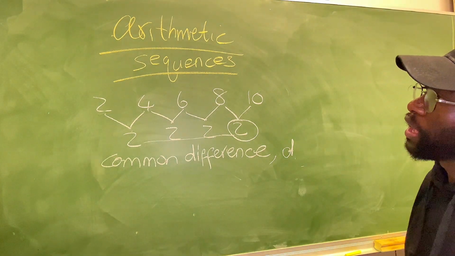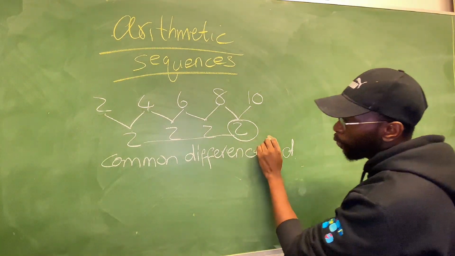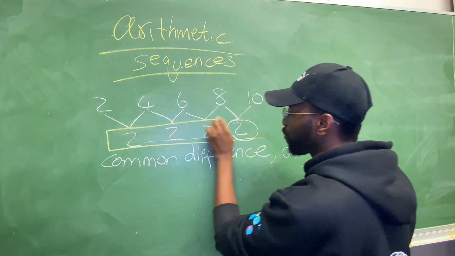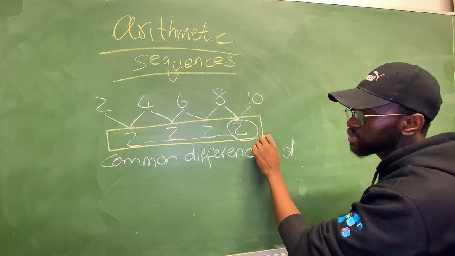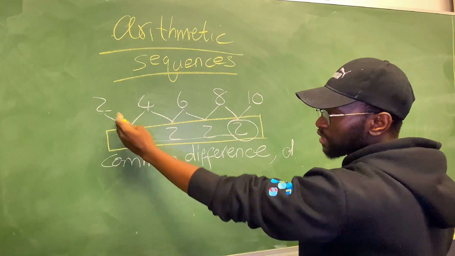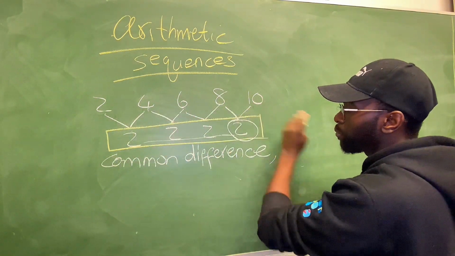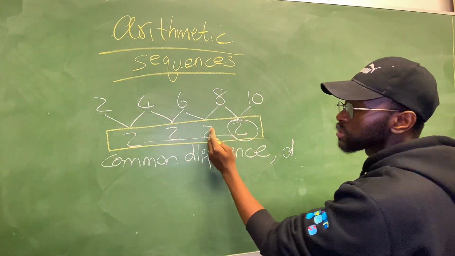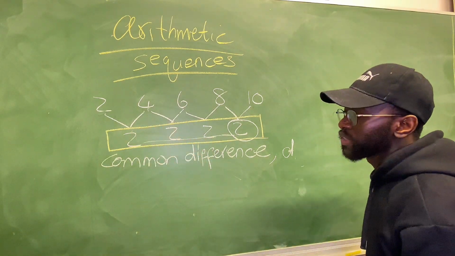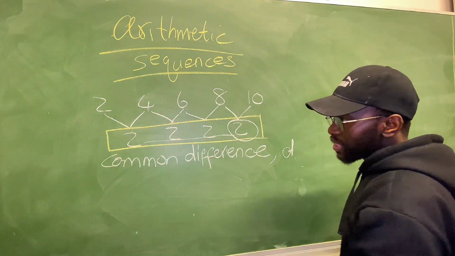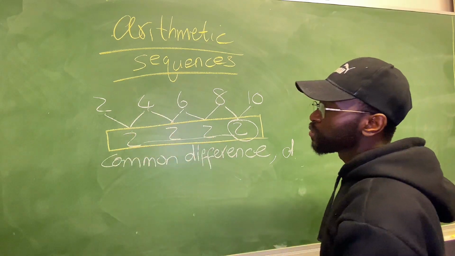Now, an arithmetic sequence is one where we find that the first difference is constant. So the difference between each consecutive number will be one constant value. Now, how do we find this constant value if you are not given it?